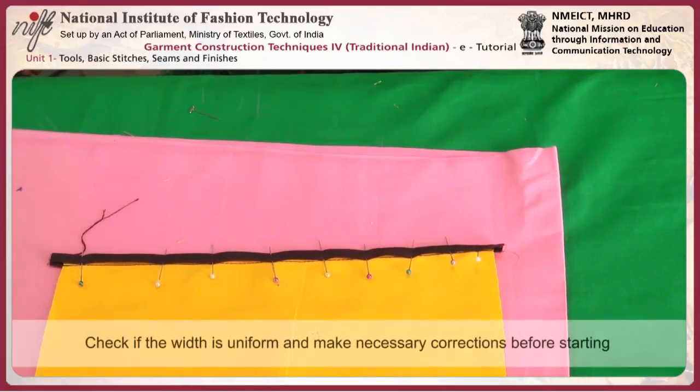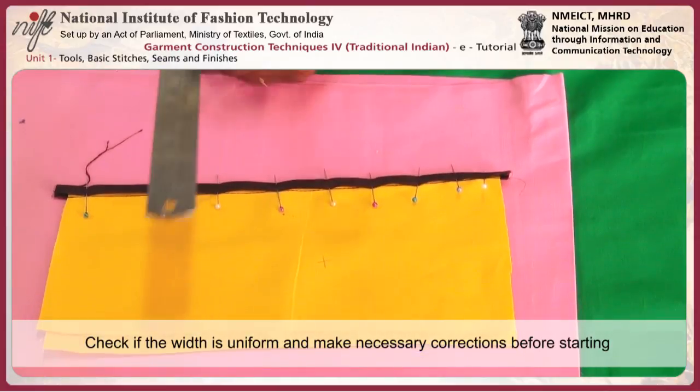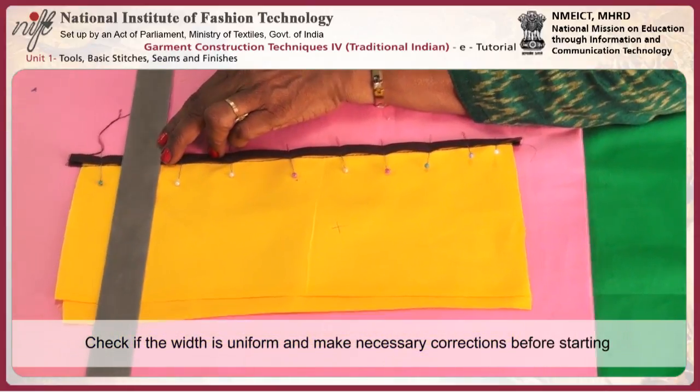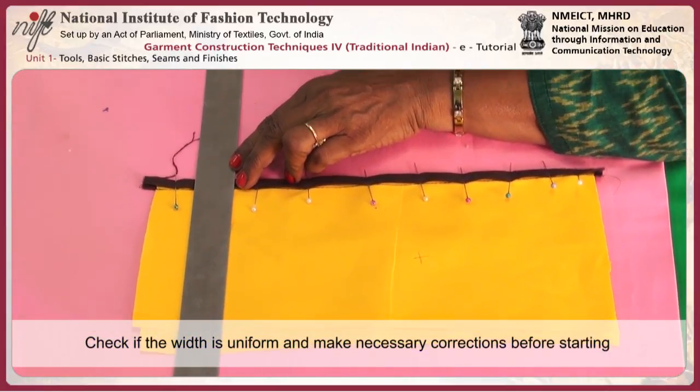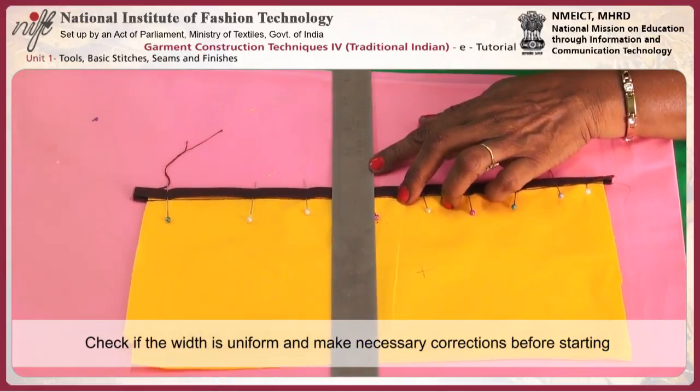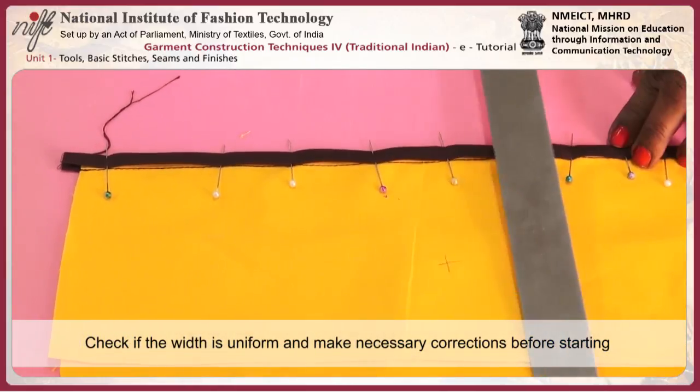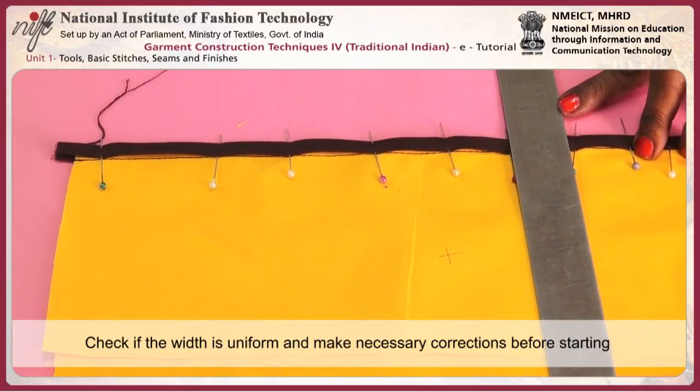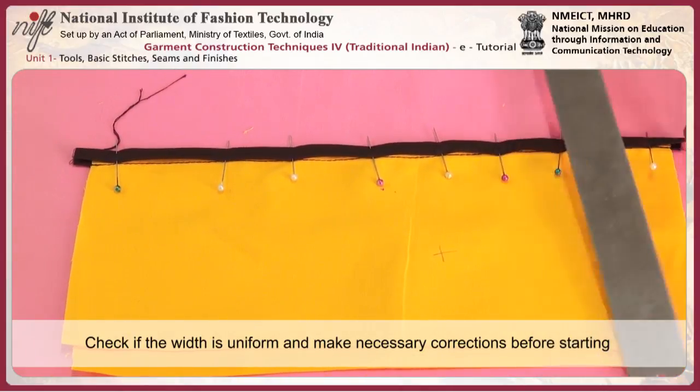And check whether this has a uniform width. Is there any correction?